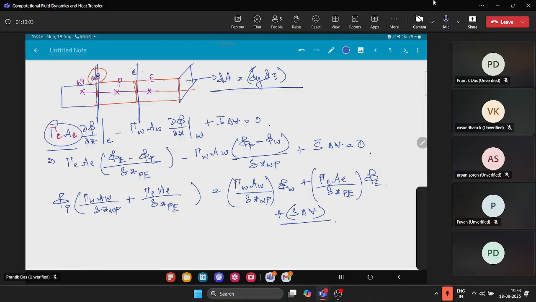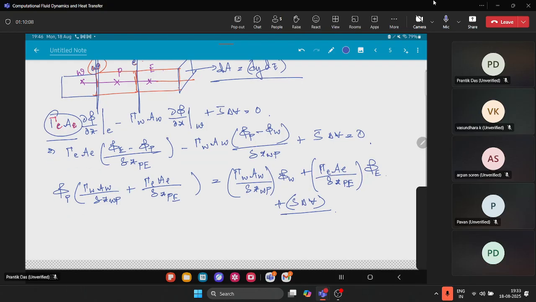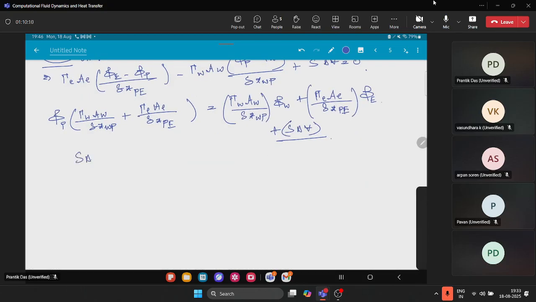So this is delta V which is present there. This can be written as S_C plus S_P T_P. Don't ask me as of now why I'm writing it like this; generally, we write it like this.